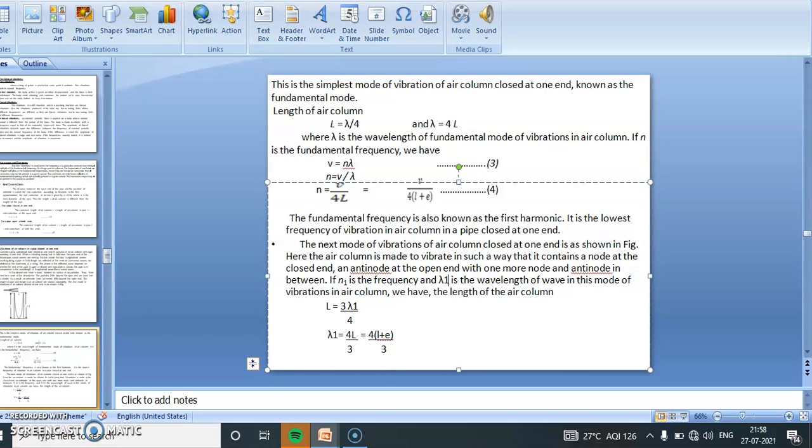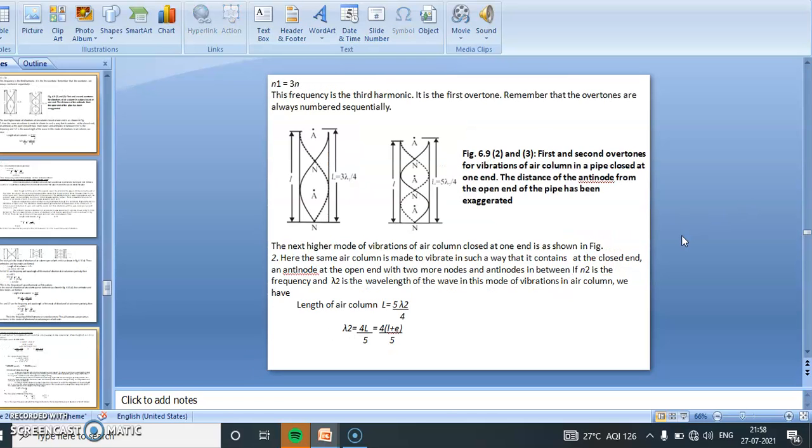Put the value of lambda 1 is equal to 4L by 3. Okay. Here we get N1 equal to V upon lambda 1, that is 3V upon 4 times (l plus e). Here we get N1 is equal to 3N. Okay. This is the third harmonic.